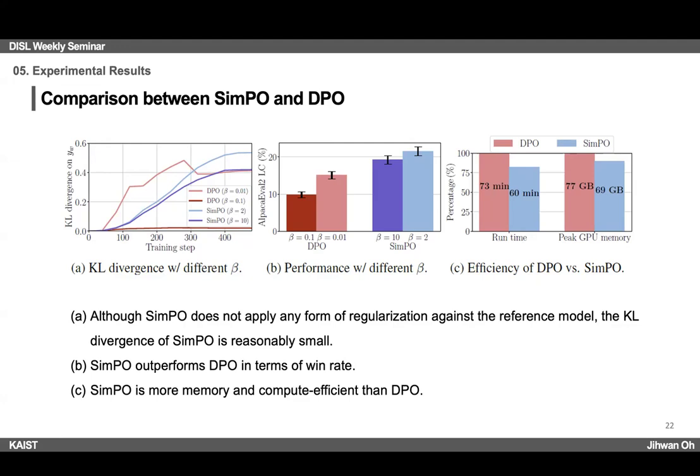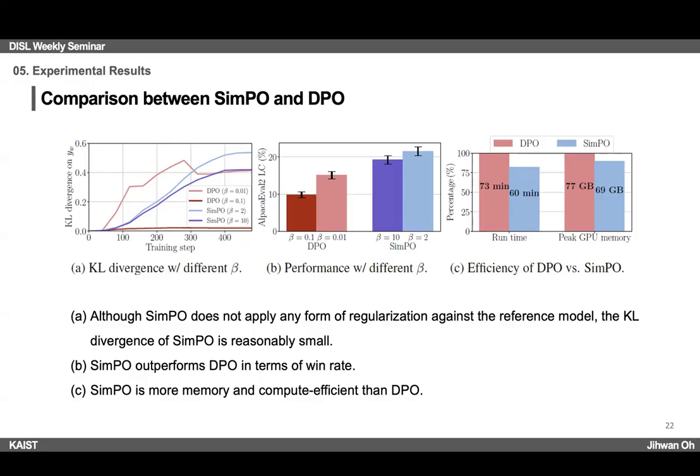But in my opinion, I think it's not significant. I mean, it is significantly different between DPO and SimPO, but authors argue that there is no significant difference between DPO and SimPO.